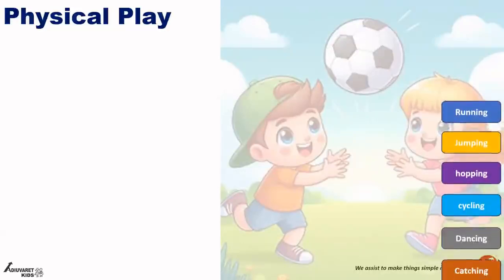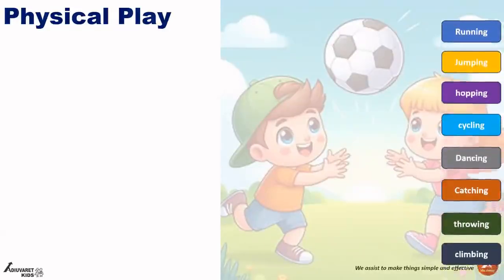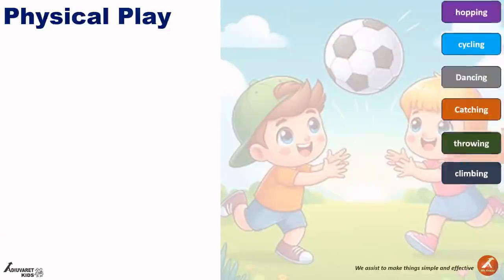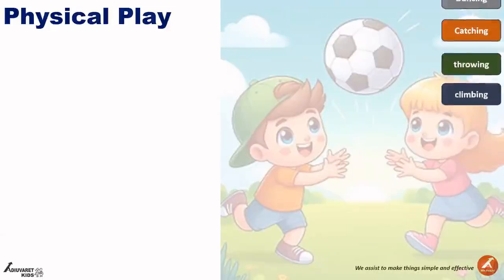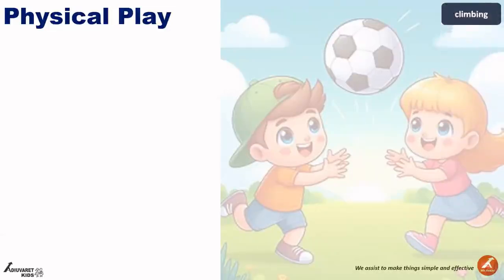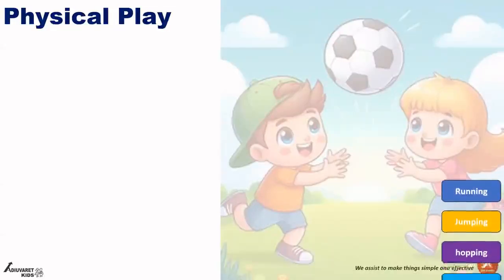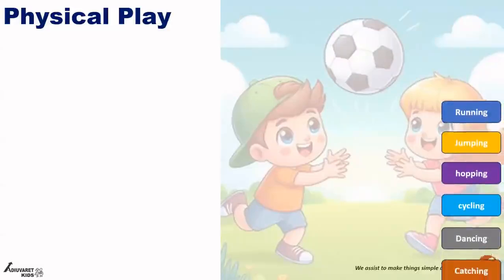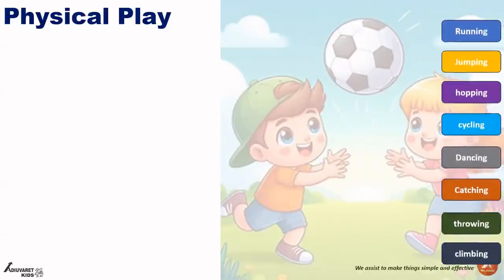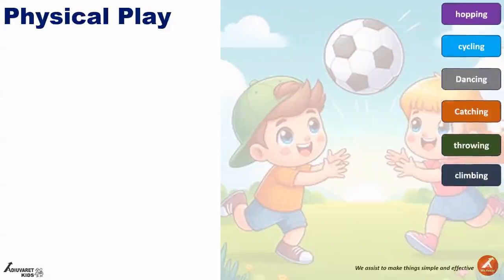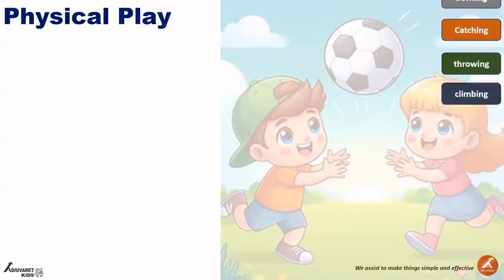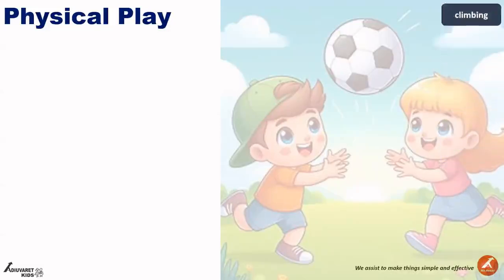The physical play that we introduce in a preschool setup may include dancing, catching, throwing, climbing, running, hopping, jumping and cycling. These are the various plays that we generally introduce in a preschool setup as physical plays.